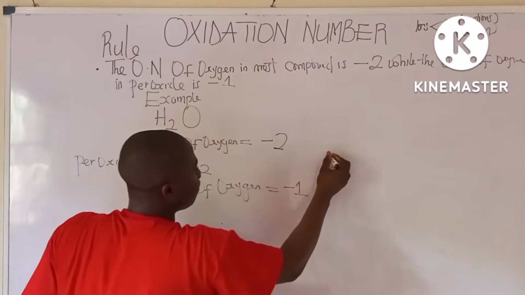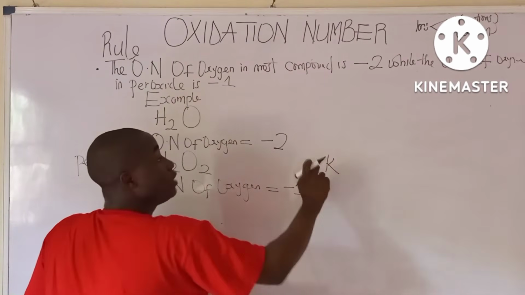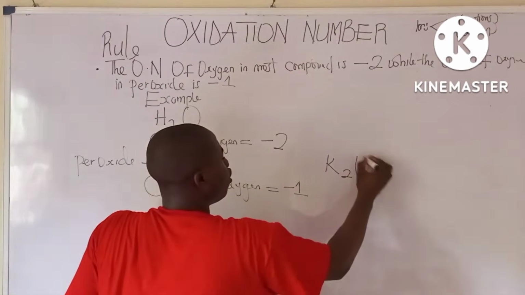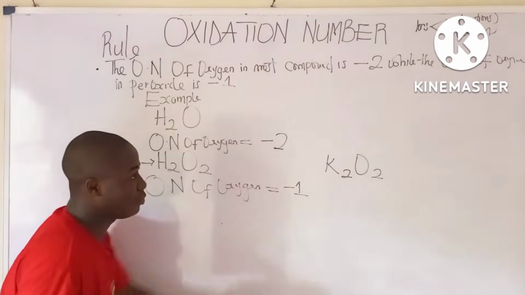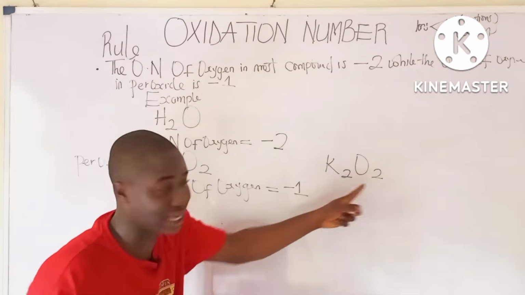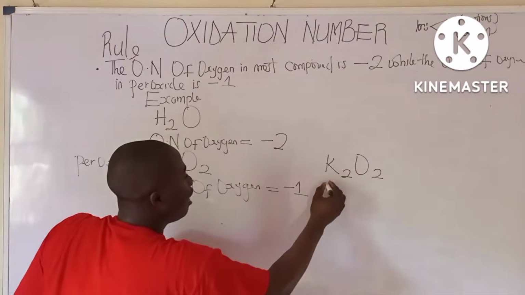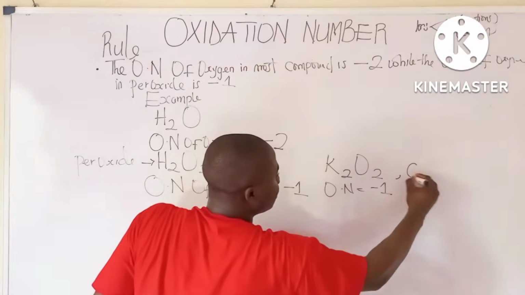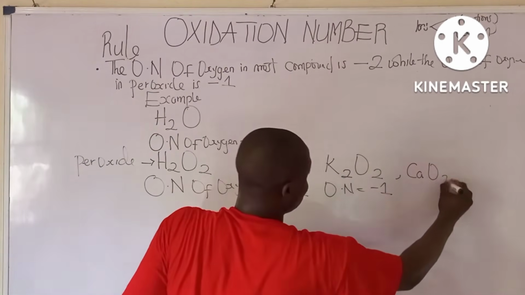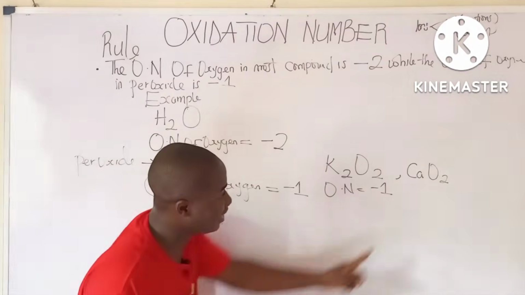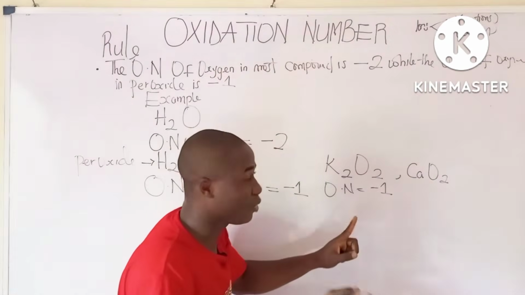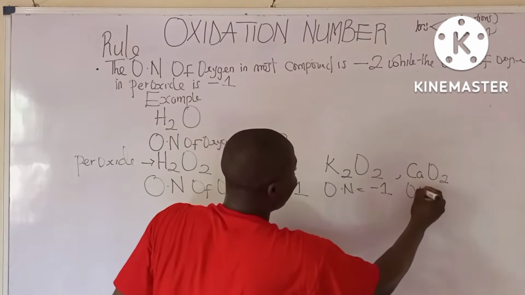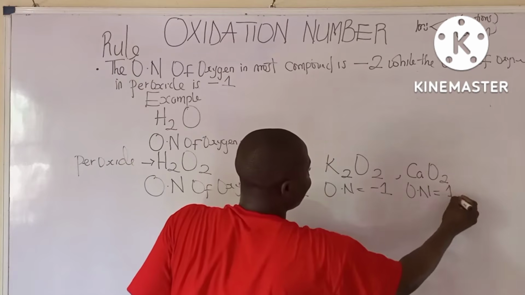So let's take another example. This is another compound which is a peroxide, K2O2. It is called potassium peroxide. What becomes the oxidation number of oxygen here? It is -1. And another compound, CaO2. This is actually a peroxide. I did not put 2 here because the oxidation number of oxygen here is still -1.